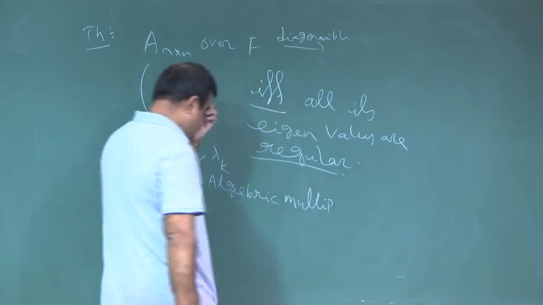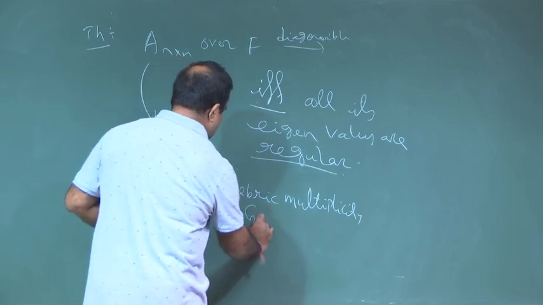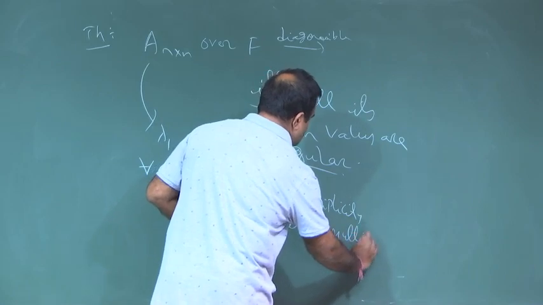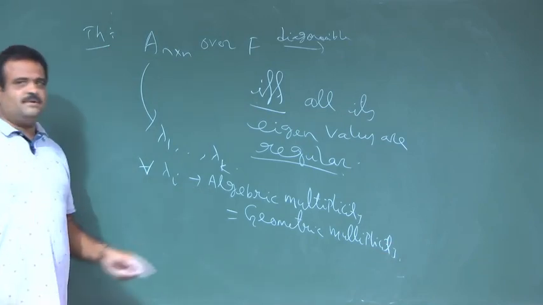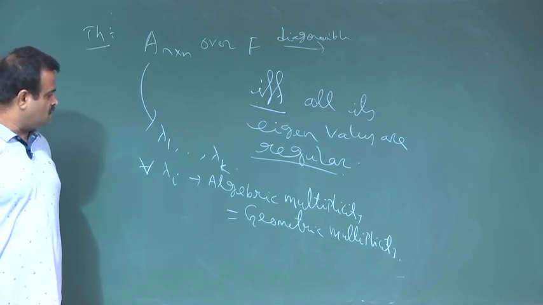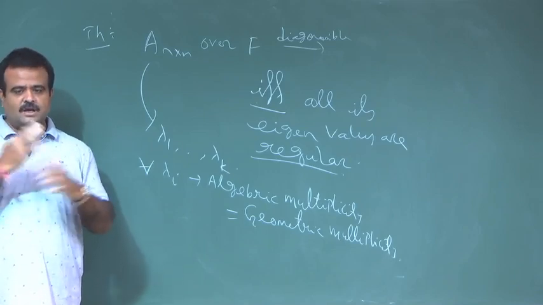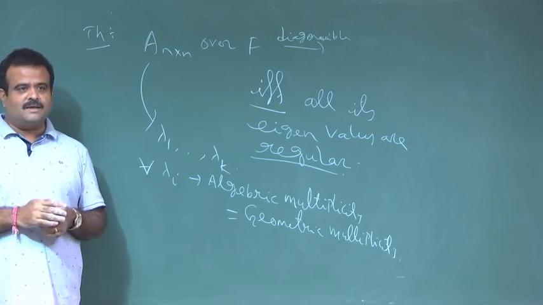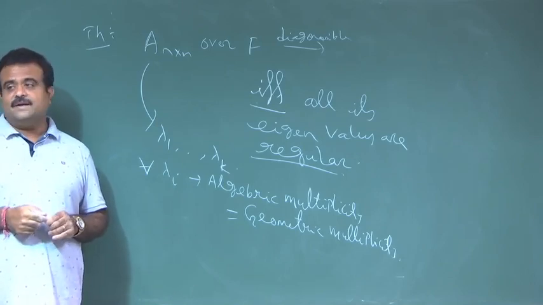Algebraic multiplicity must be equal to geometric multiplicity. We know the algebraic multiplicity means how many times it is coming as a root of the characteristic equation, and geometric multiplicity is, if we consider the vector space for these eigenvalues, I mean the eigenvectors, that will form a vector space with the null vector, and the dimension of that.